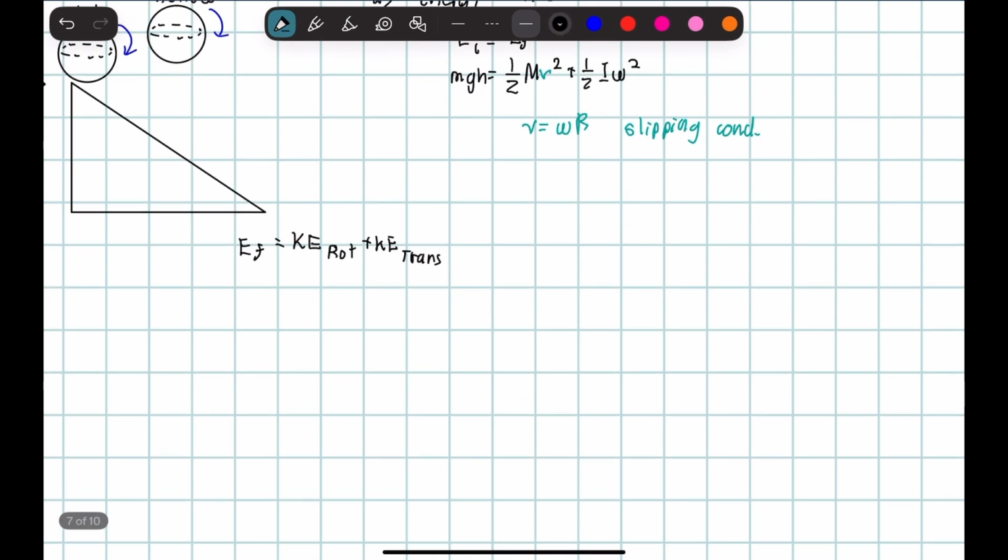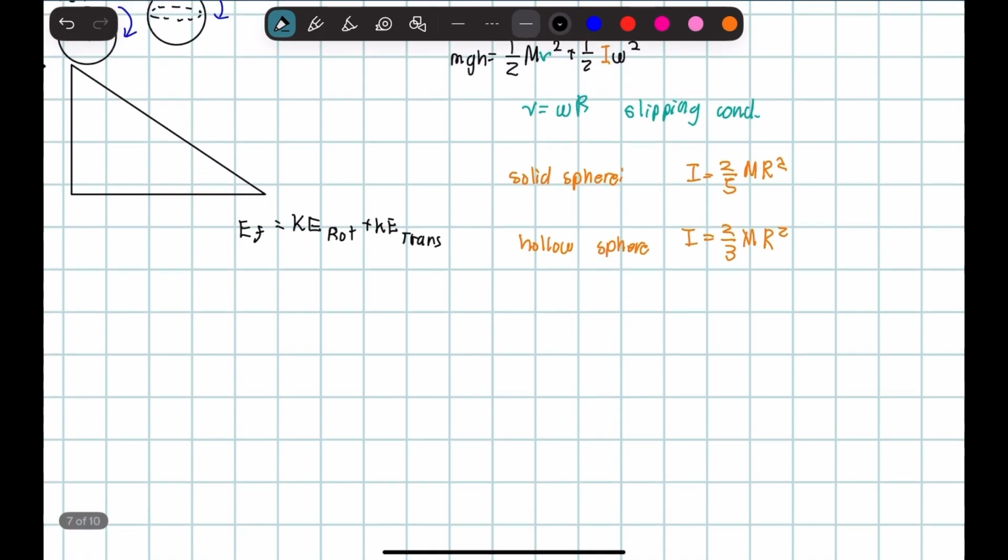Because of this, now we can also substitute in our moment of inertia. For the solid sphere and the hollow sphere, you have I is equal to 2/5 mr squared, and I is equal to 2/3 mr squared.